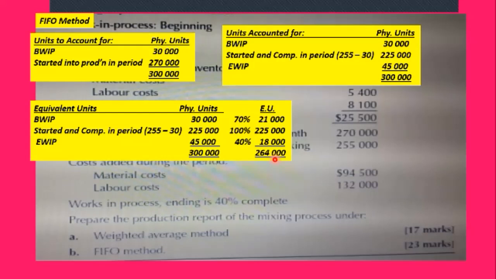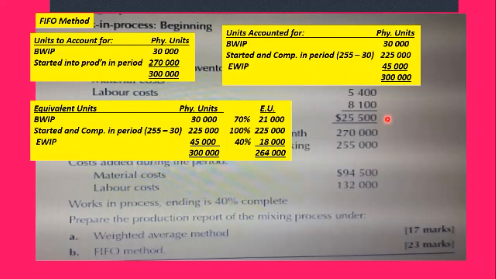Next, we move to the costs. Just as we only include work done during the period and exclude work from other periods, so too with the costs, only the costs for this period, this 94,500 and this 132,000 here, would be considered. This 25,500 from the opening work in process will not be considered because that's from another period.